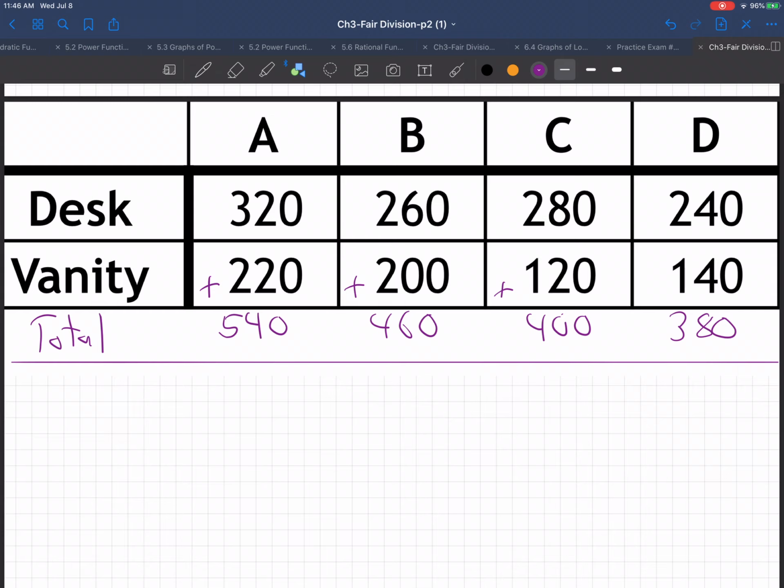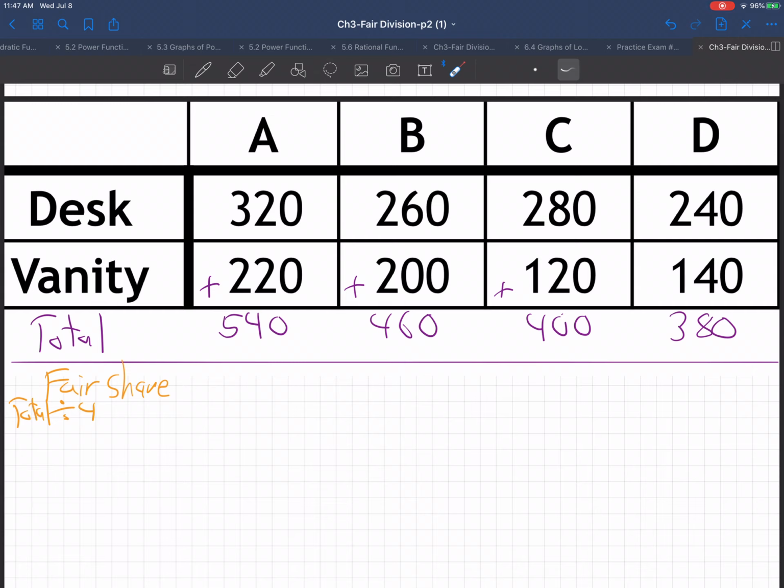Now, next, we're going to do the fair share. How do we figure out a fair share? Well, we have to divide by 4. We have to take the total and divide by 4 because that's a fair share, isn't it? So 540 divided by 4.